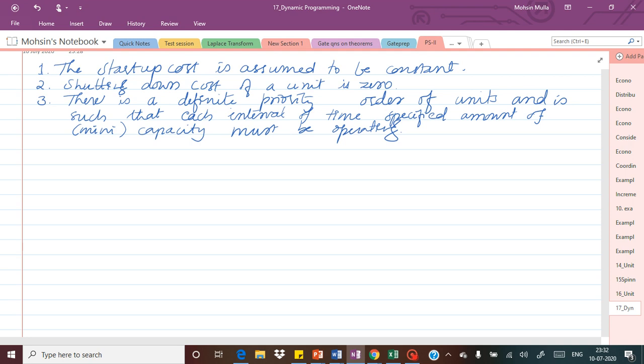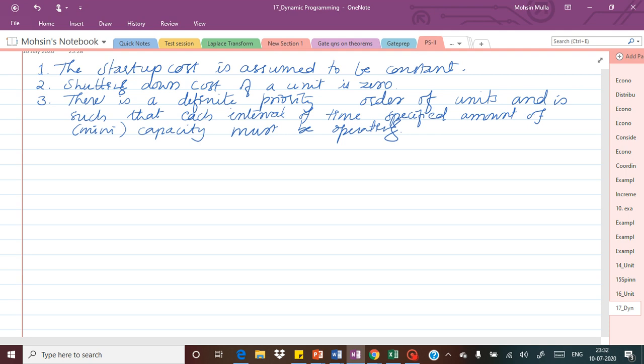In earlier methods we already saw how to combine different units for economic operation of the power plant to supply a particular demand. Those methods are suitable when there is not much change in the load over a period of time, say a fixed demand over 4 to 5 hours or the entire day.